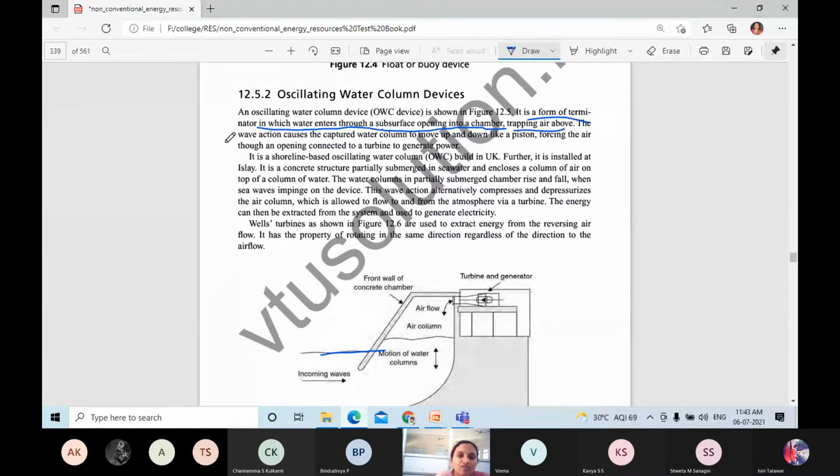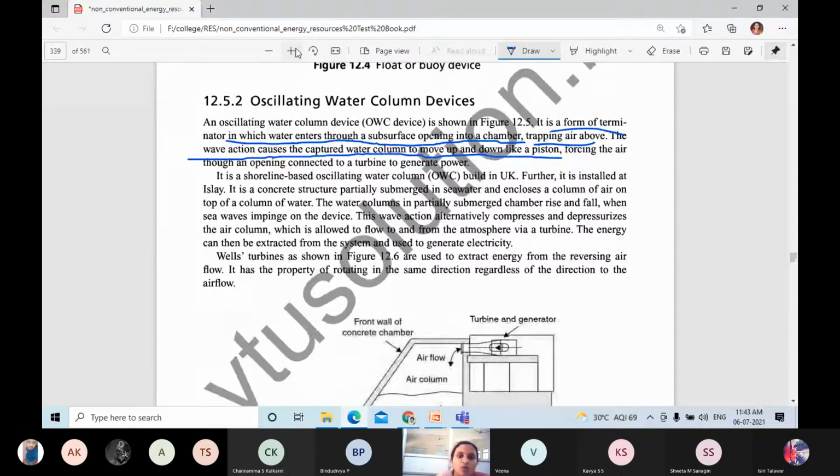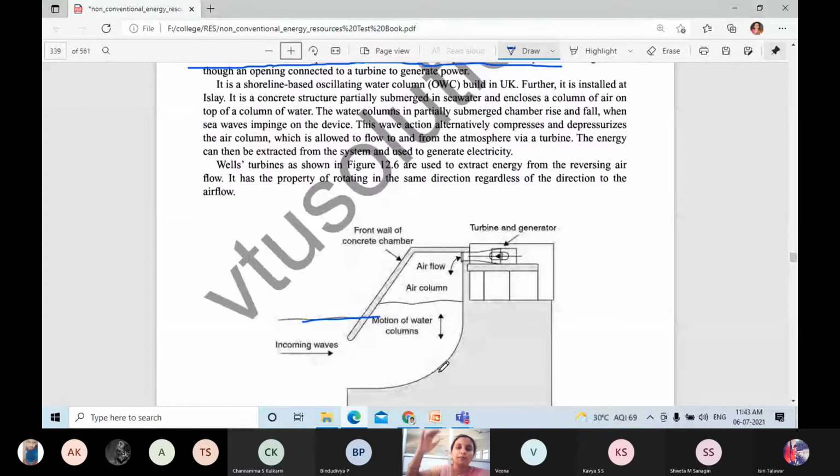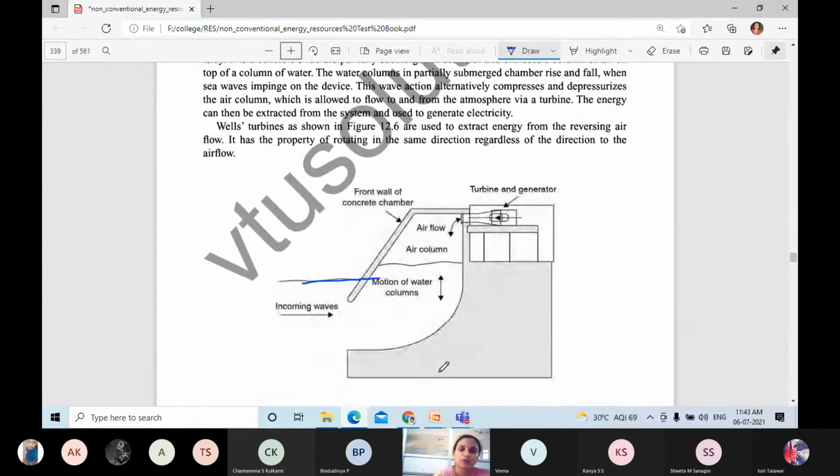The wave action causes the captured water column to move up and down like a piston. What happens is water enters the chamber, and there it moves up and down, rising and falling with the wave.